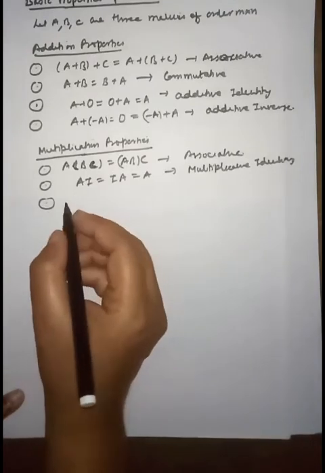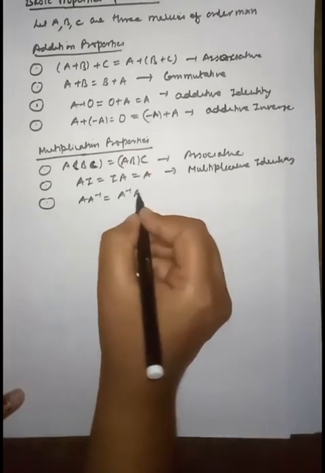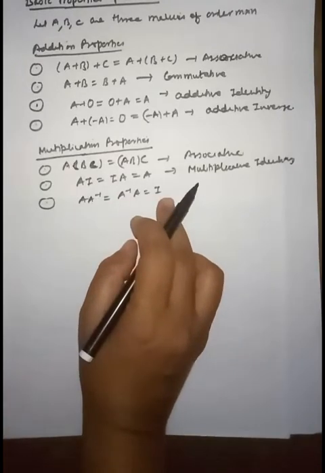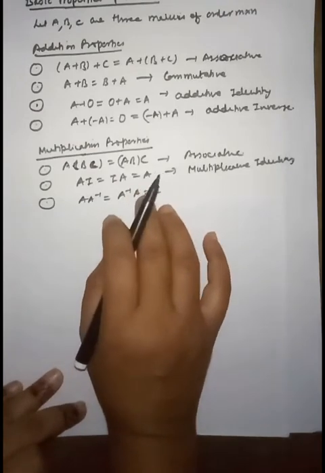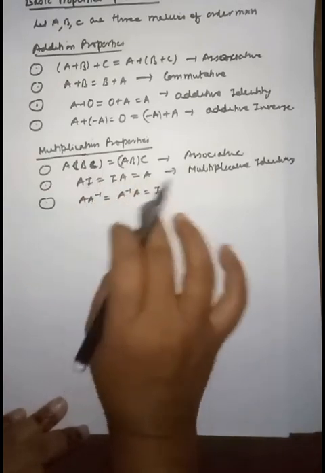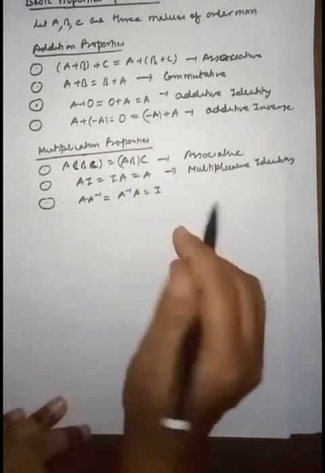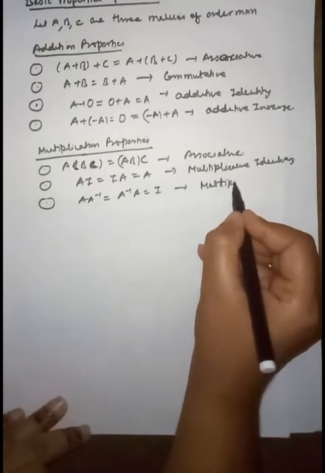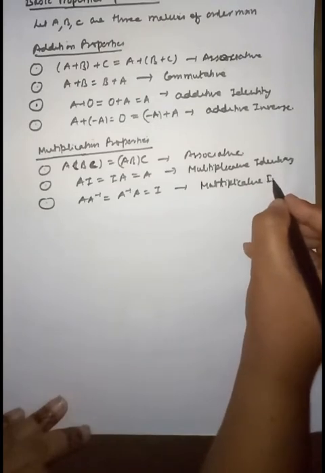Next, if A times A inverse equals A inverse times A equals I, this means multiplicative inverse, where A is a square matrix and A inverse exists. So if this property holds, this is called multiplicative inverse. Here A inverse is known as the multiplicative inverse.